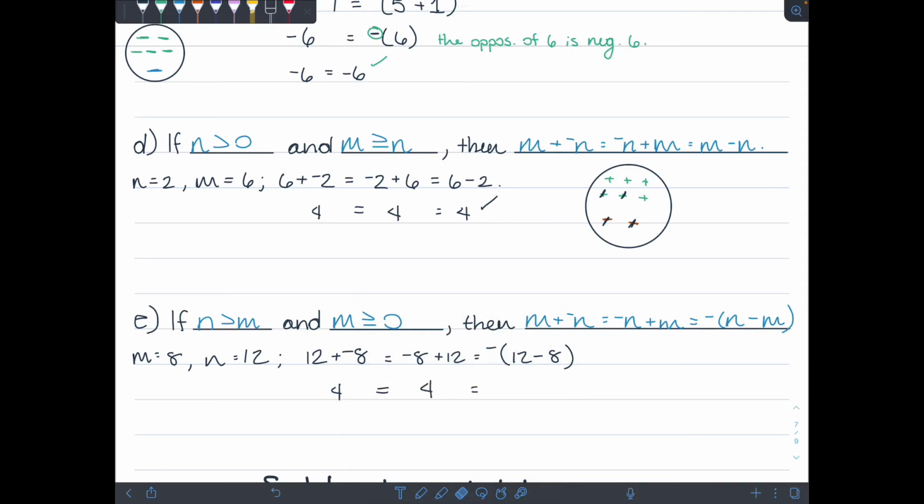Okay. I knew that was wrong. No, there is a typo.